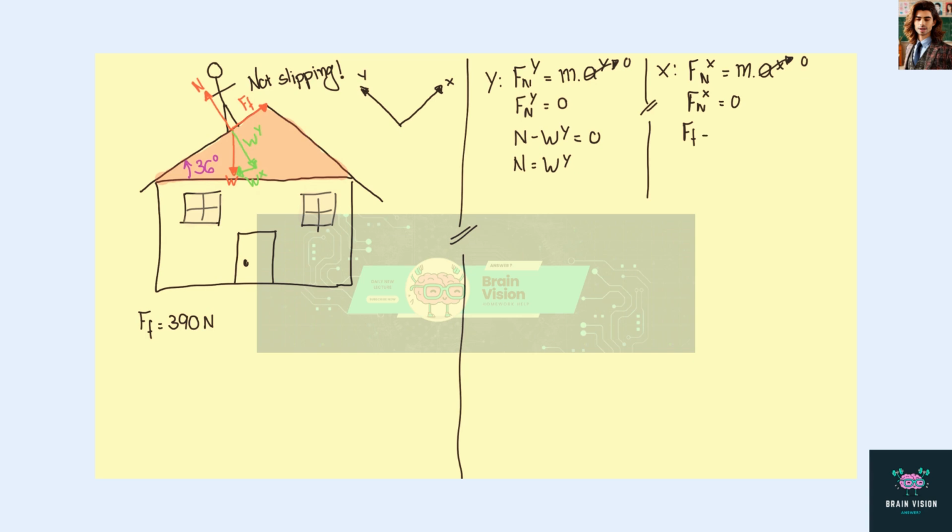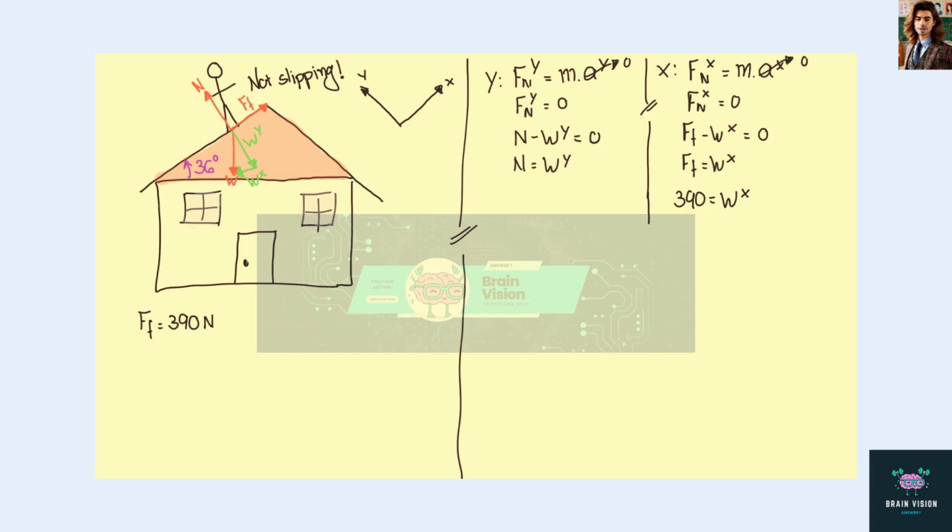Then, friction minus the weight component x is equal to 0. Therefore, the frictional force is equal to the weight force component x. But we know that the frictional force is equal to 390 newtons. Therefore, the x component of the weight force is equal to 390.